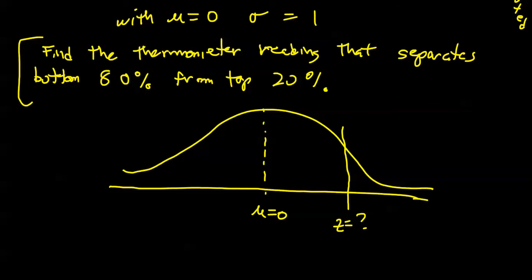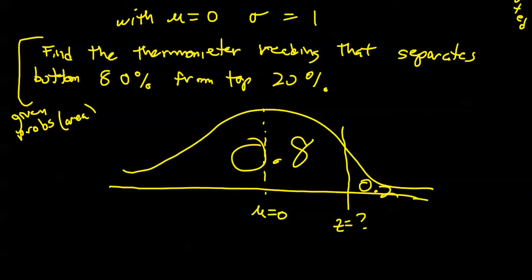In other words, the probability of getting less than that reading is going to be 0.8, and the probability of getting above that reading is going to be 0.2. So here we are given probabilities in terms of areas and asked to find z-scores, kind of working our first 4 examples in reverse.